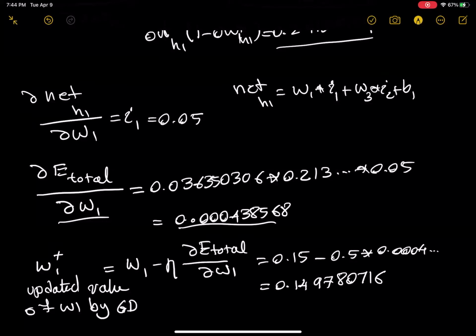So you can see here the amount of W is just updated by about 0.0002. It's very small, but it's still an update. We have to repeat that for W2, W3, and W4. So once I finish that, then I have all my W's ready for the forward pass again.